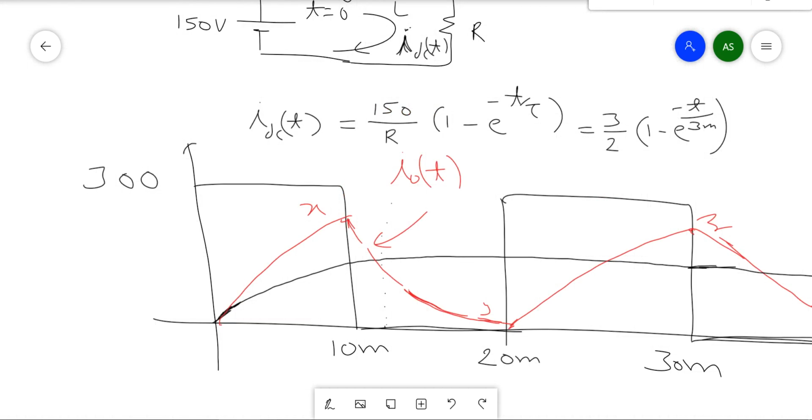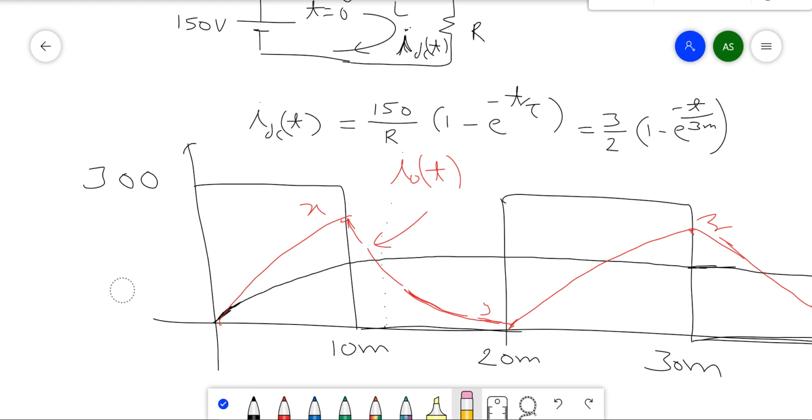Okay, so we don't have to calculate any further. So this is I naught t, and in order to plot V naught t, you just simply have to multiply I naught t by resistance R. Also you need to notice that this plot here, let's name it figure 2.1, is not according to scale.